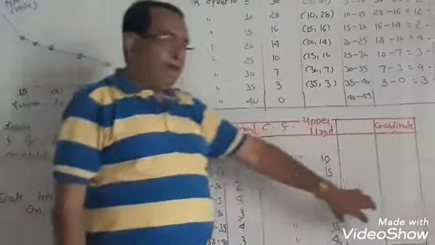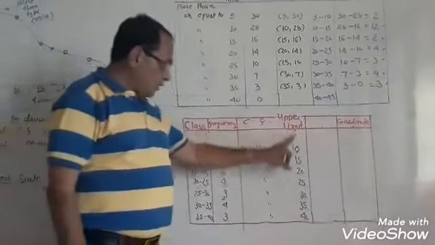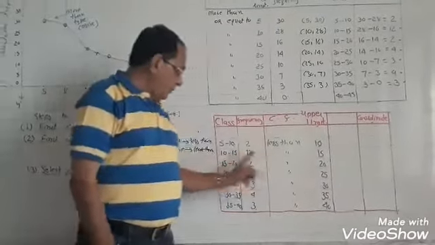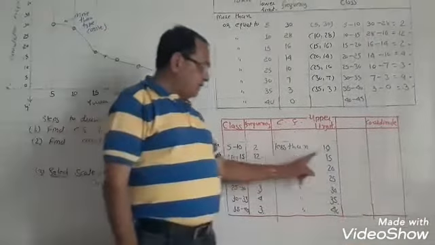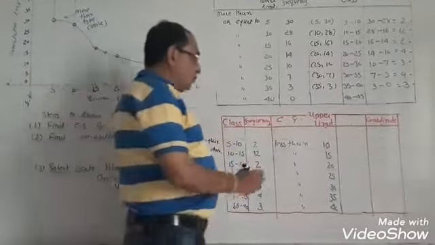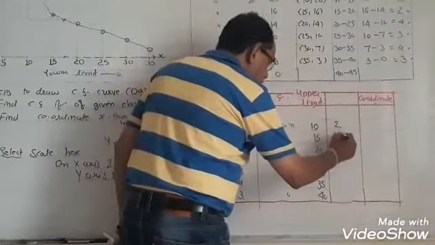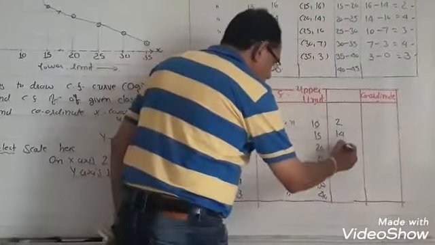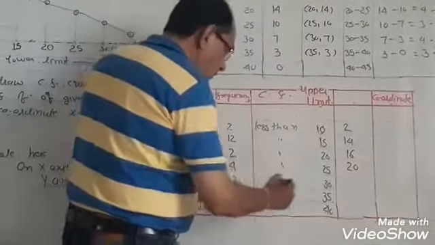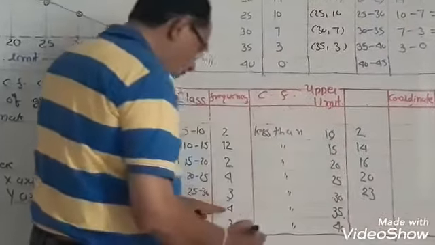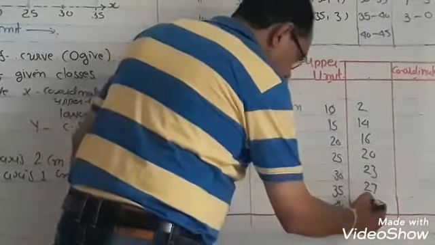From that we will find the less than type cumulative frequency. So that is your upper limit: 10, 15, 20, 25, 30, 35, 40. Less than 10, what is your cumulative frequency? 2. 2 plus 12, 14. 14 plus 2, 16. 16 plus 4, 20. 20 plus 3, 23. 23 plus 4, 27. 27 plus 3, 30.